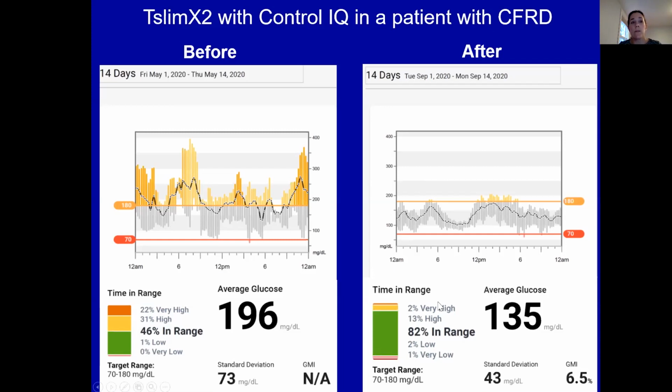And now he's 82% time in range, and his average blood sugar was 135, which corresponds with an A1C of 6.5%. So now, I will say it wasn't just the pump that led to these improvements. It took a lot of work on the patient's part and motivation to get his blood sugar in good control. But I think that this case illustrates how helpful these devices can be in helping patients manage their diabetes.